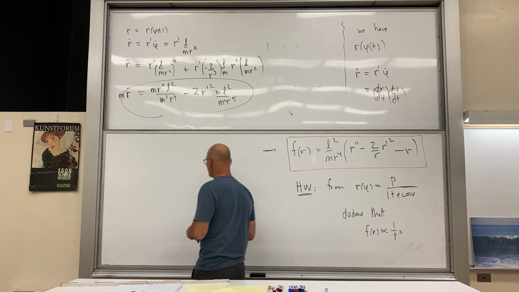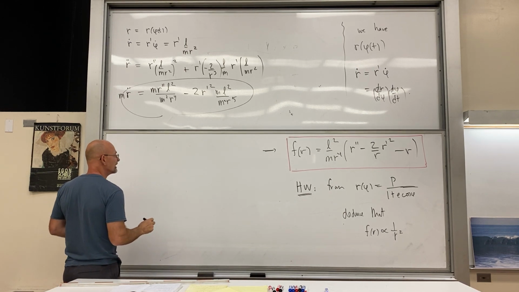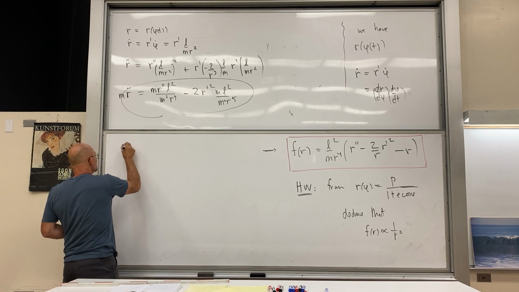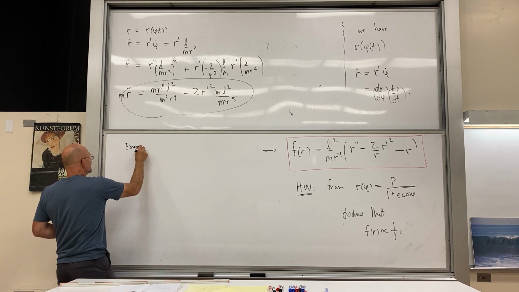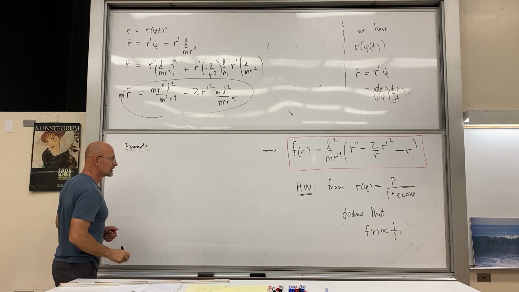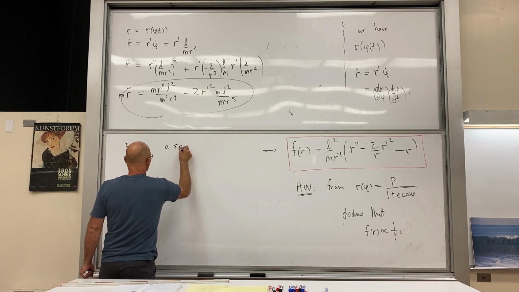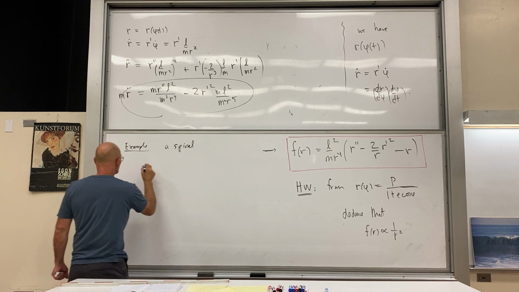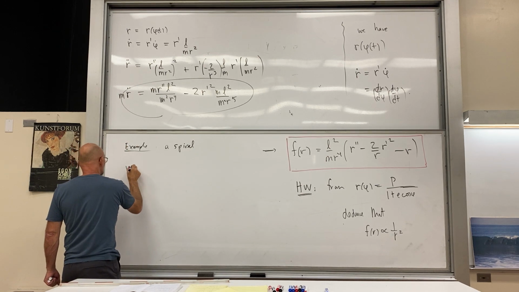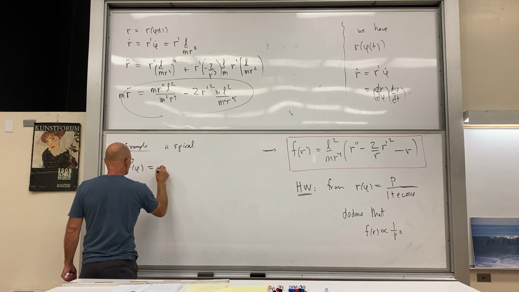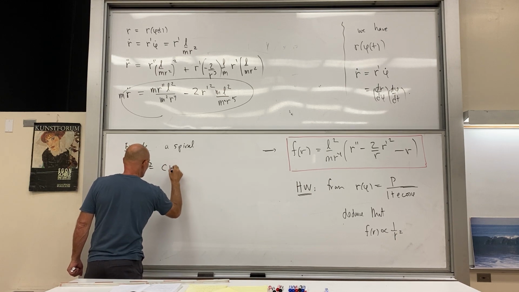In a basic version here. So our example is a spiral. So suppose r of phi is equal to c times phi squared.